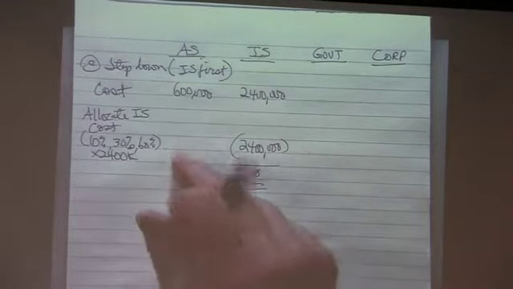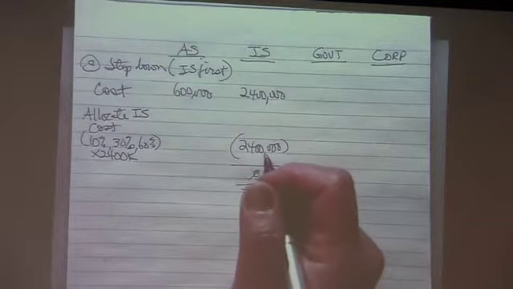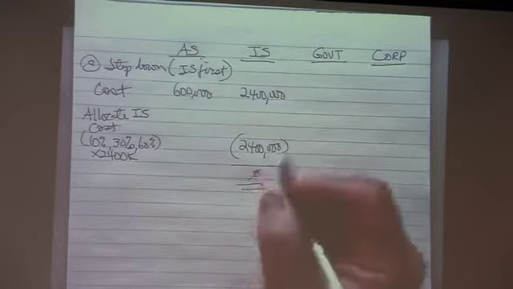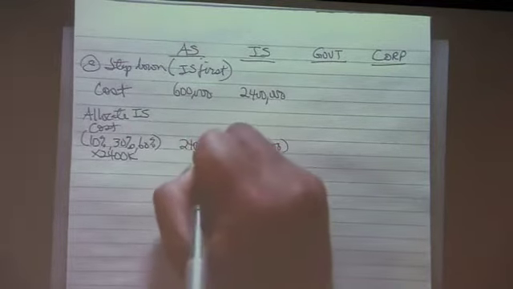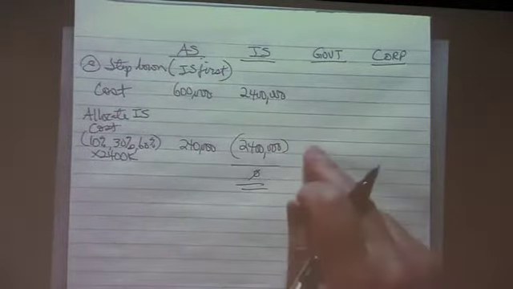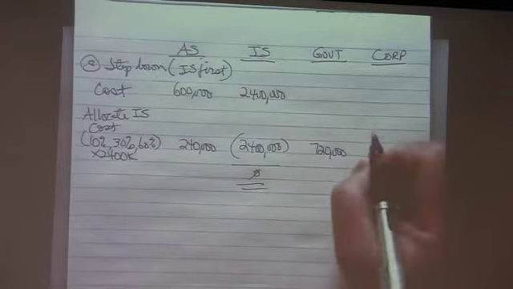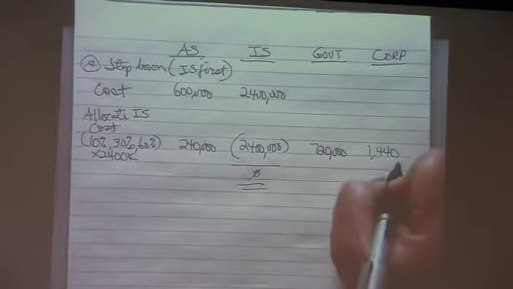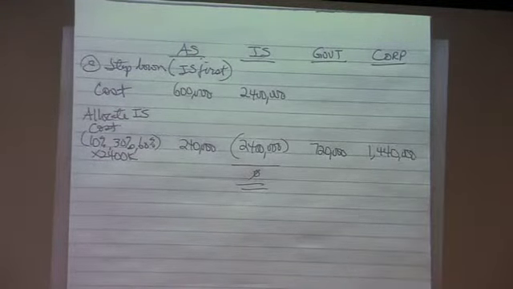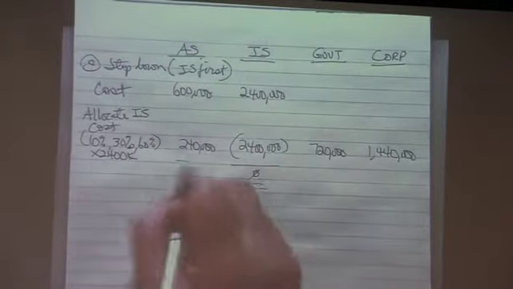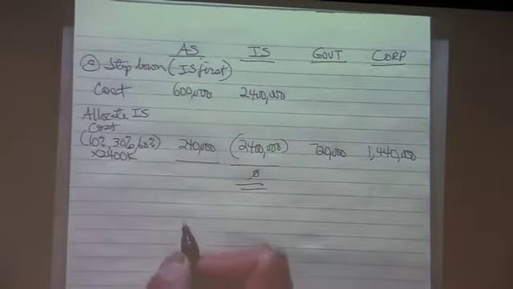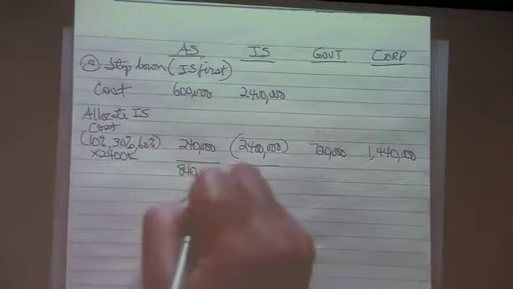We're going to allocate 10% of that, which is 240, 30% to the government, and 1,400,000 to corporate. Now we need to add the AS, and the AS is 840,000.